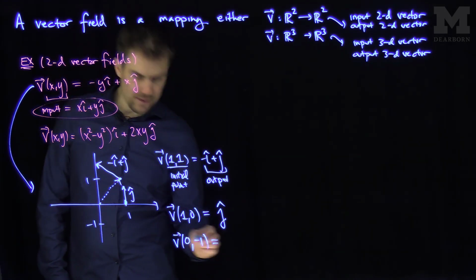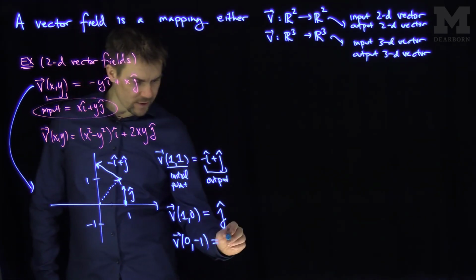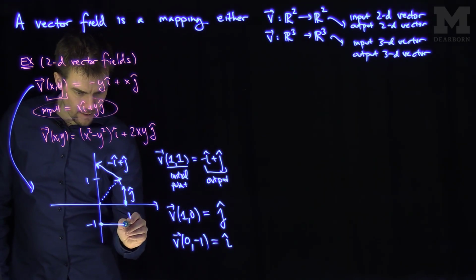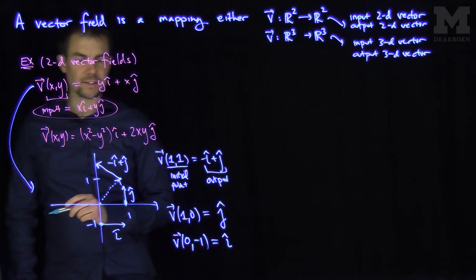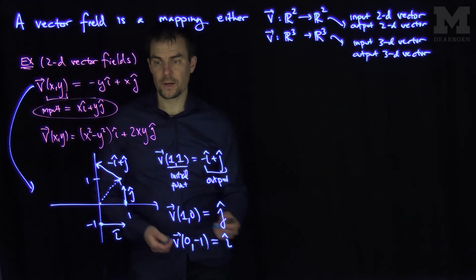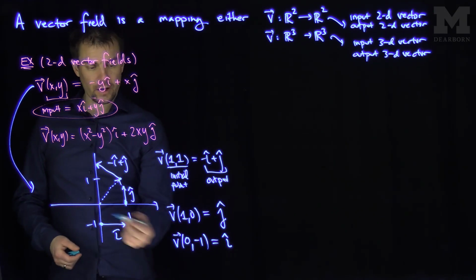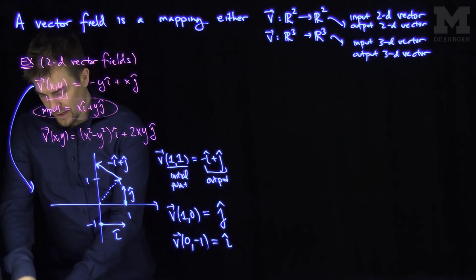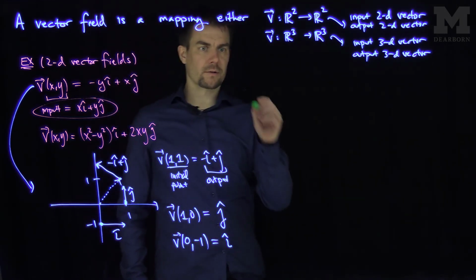And if I input this, the y is now negative 1, so I'm going to output i hat here. So at this point, I'm going to plot the vector i hat. And so doing this, we can plot the vector field at infinitely many different points. We can just continue this procedure by plugging in more and more initial vectors and outputting the corresponding vector.